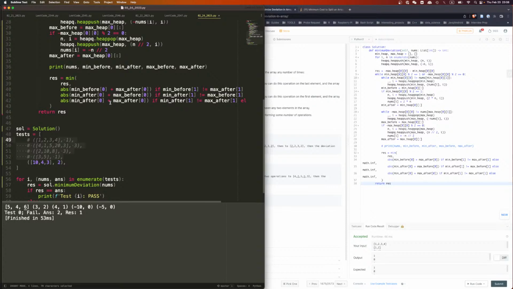Hold on. So the min heap, I'll pop a value, right? Make it bigger. Then I'll push it back in. But why would you push into the min heap though? Well, because it can still be the min. So you push it back into the min heap, and then you push it to the max heap. Right?